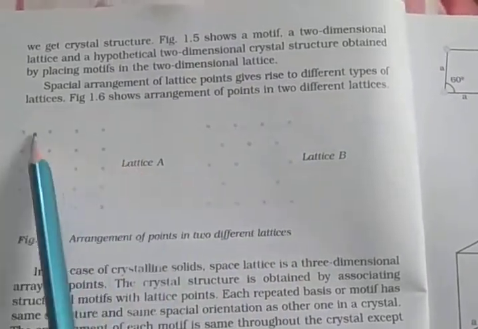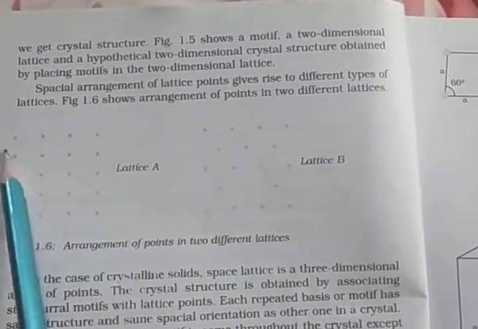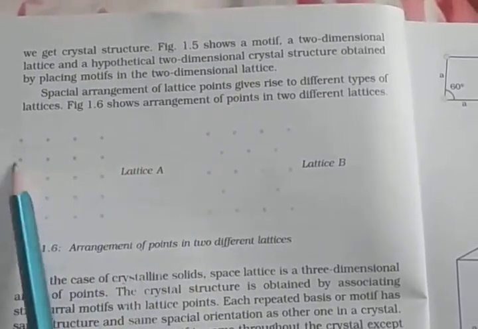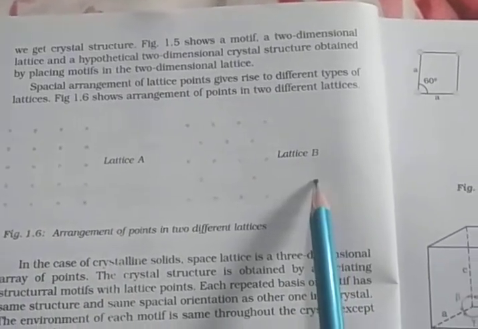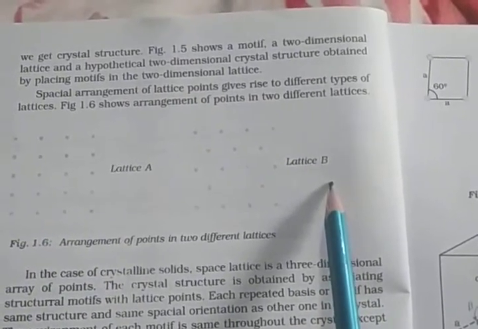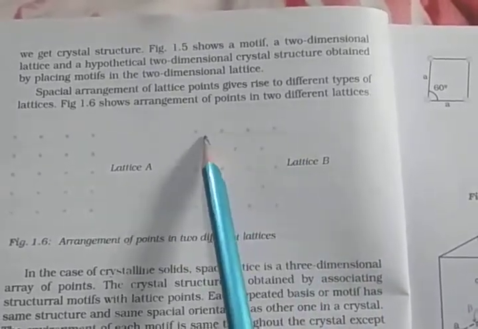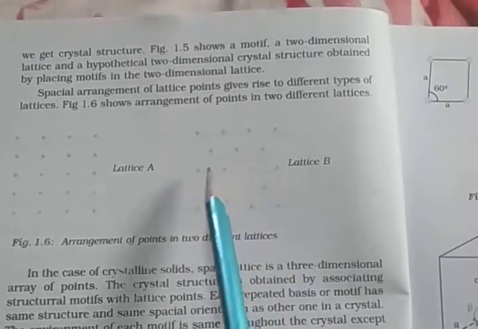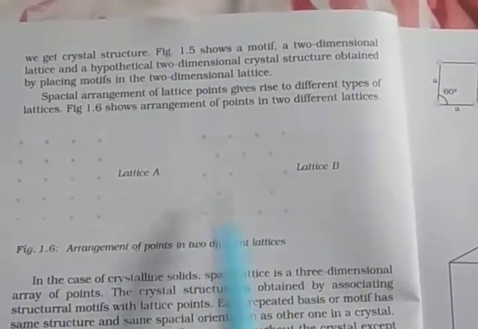Here you see lattice A in sequence, with rows and columns equal in every order. And then lattice B, here you see the arrangement this way, with spacing, next line, then next. So this is the pattern. You can easily see the difference.